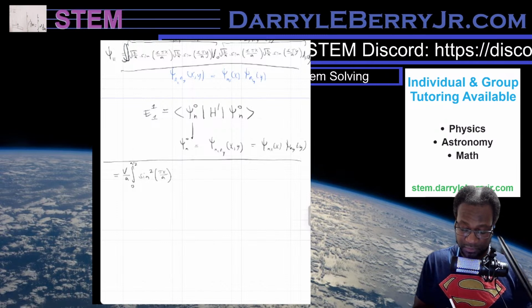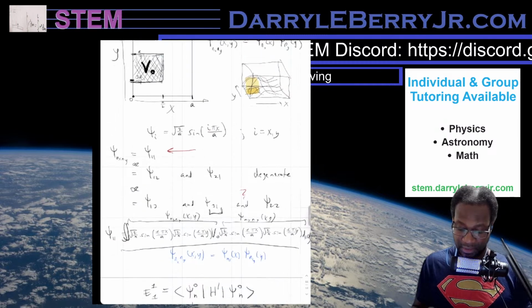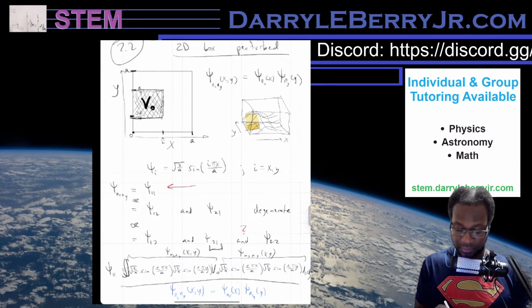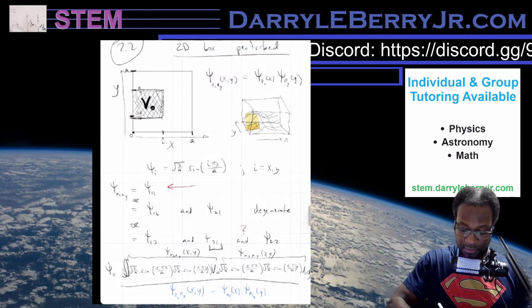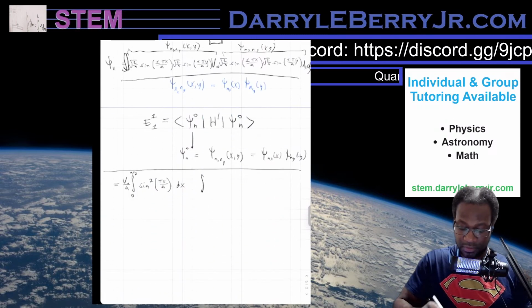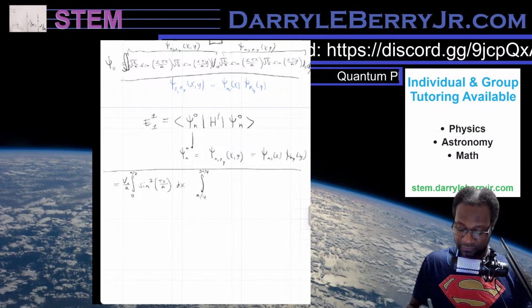V naught still goes to the outside. It's going to be dx. We have integral, and y, the perturbation is from a over 4 to 3a over 4, and I wrote that backwards. This will be 3a, and this will be a. A over 4 to 3a over 4. So now we have a over 4, 3a over 4.